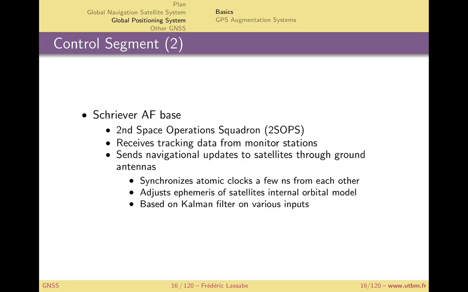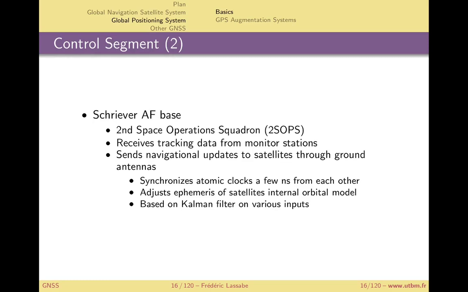Their systems will update the satellites through the ground antennas, and the updates will especially include synchronization of the atomic clocks very close to each other. The satellites' clocks must be synchronized to a few nanoseconds from each other, else the system will completely derail.